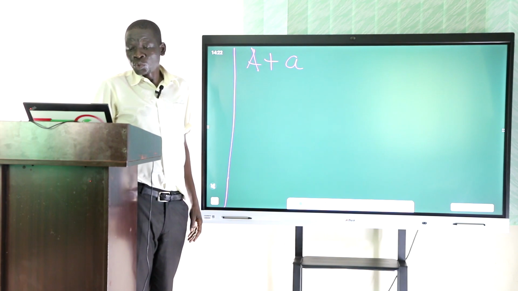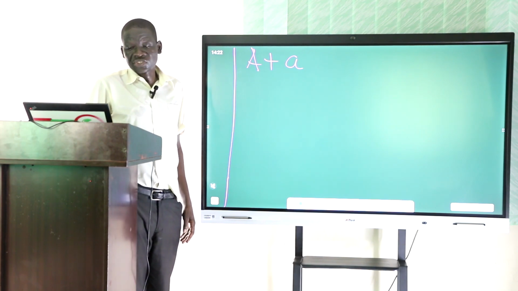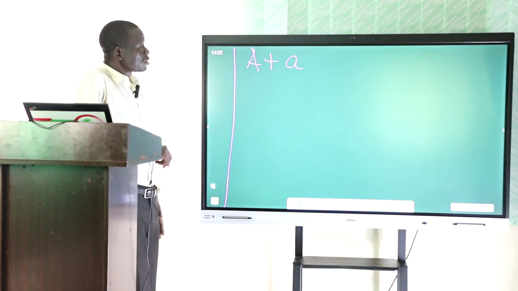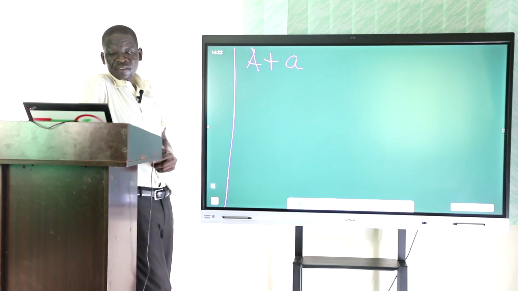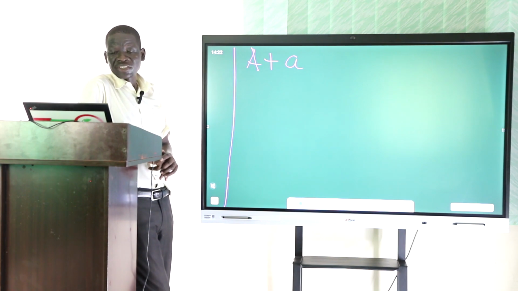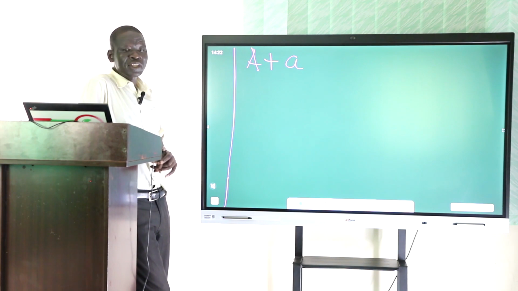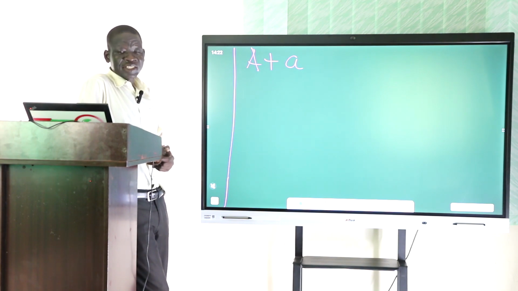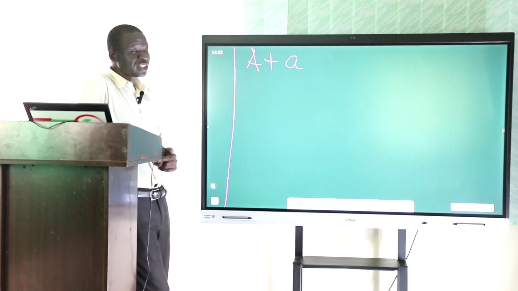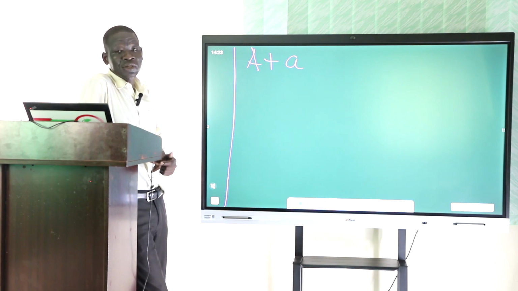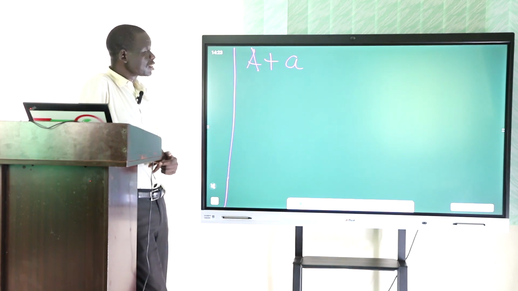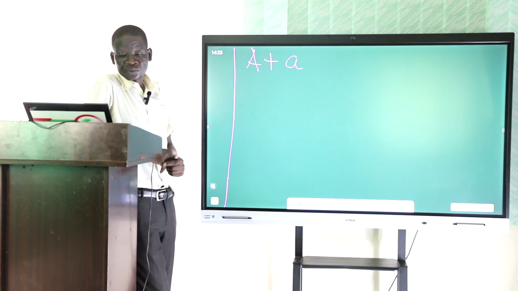We can go to what we call brackets, the use of brackets. We know that brackets serve the same purpose as they do in arithmetic. When you find a bracket, the sign of a bracket in most cases indicates multiplication.